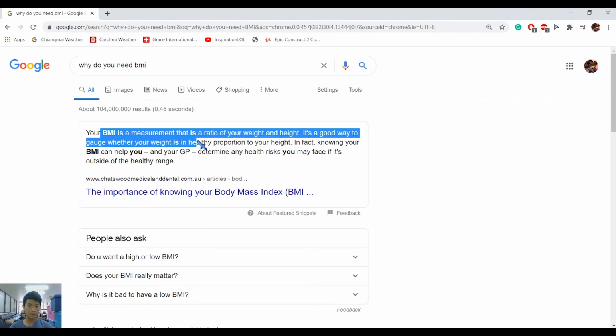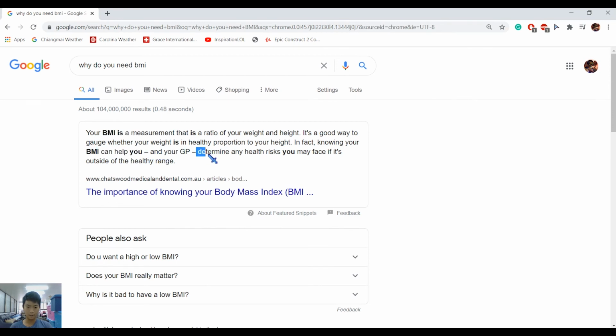Your BMI is a measurement that is a ratio of your weight and height. It's a good way to gauge whether your weight is in a healthy proportion to your height. In fact, knowing your BMI can help you and your GP determine any health risks. So it's for your health, basically, guys. If you know your BMI, you know whether you're fat, you're skinny, or you're good, whether you're healthy or not, and any risks you might have.